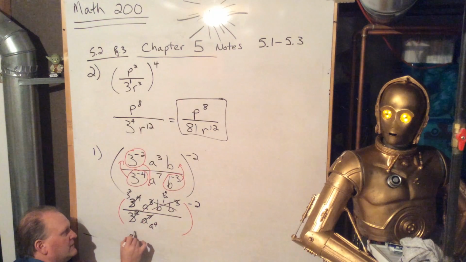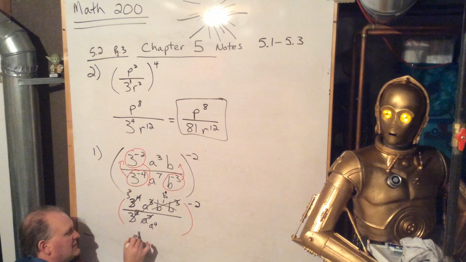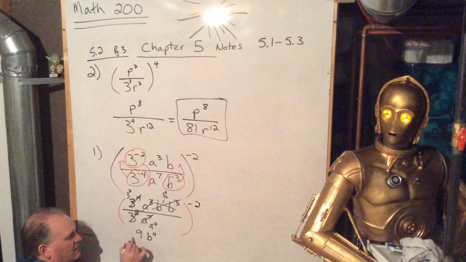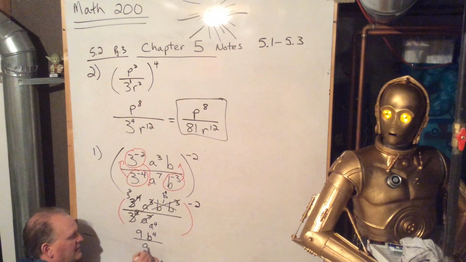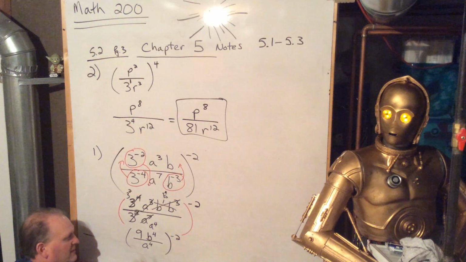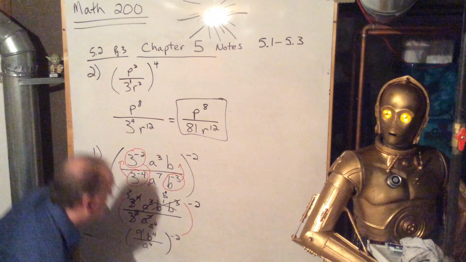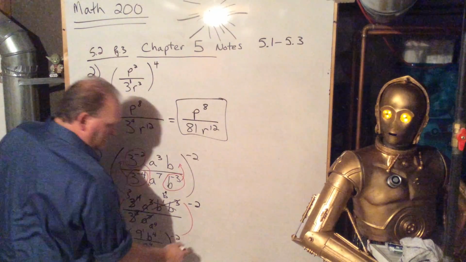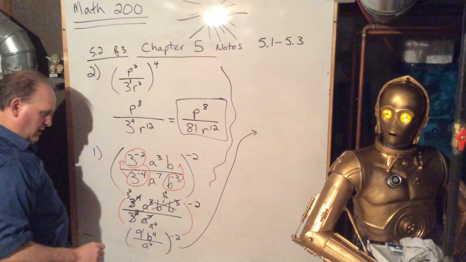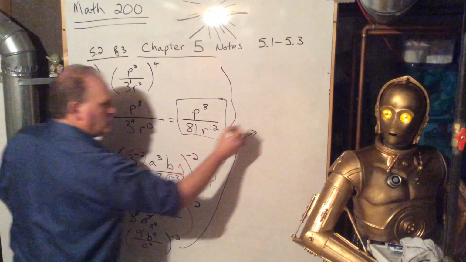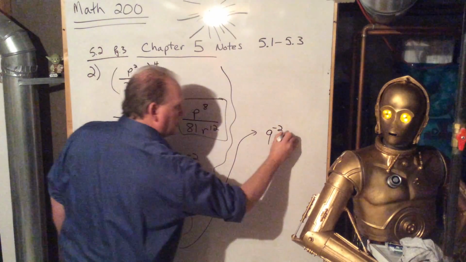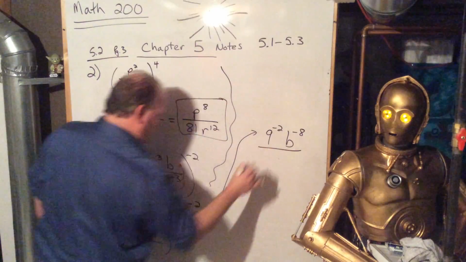So let's rewrite it and regroup here. We've got 3 squared is 9, b to the 4th over a to the 4th, but that's all still raised to the negative 2 power. So we still got to do that negative 2 power thing. So we've got to multiply. Powers multiplied by powers, so let me re-put it up here. So what is that? Negative 2 times 1 is -2. -2 times 4 is -8.